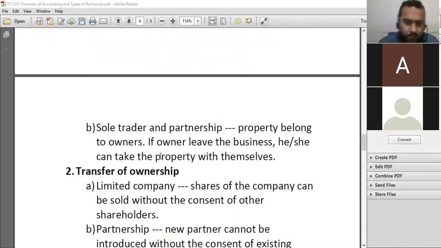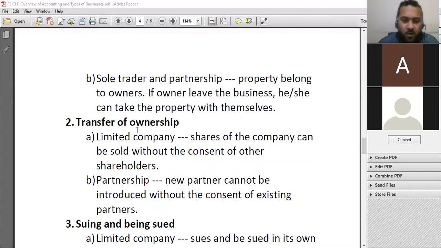So, second, transfer of ownership. In a limited company, shares of a company can be sold without the consent of other shareholders. In a company, a shareholder can transfer their own shares to anyone in the world without needing to ask the other shareholders.